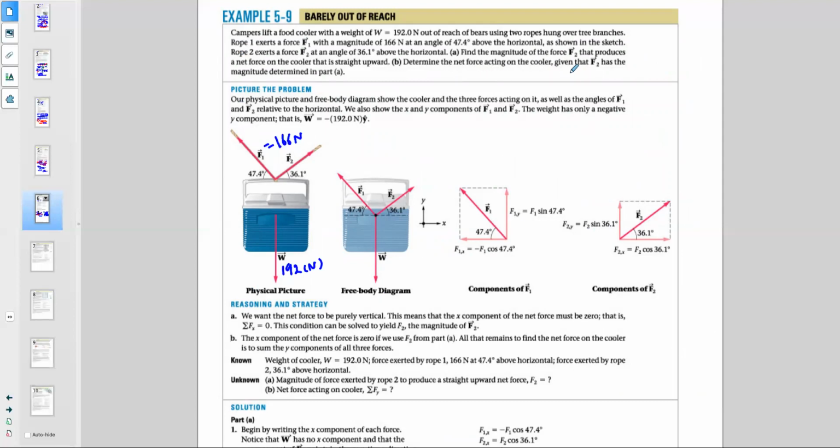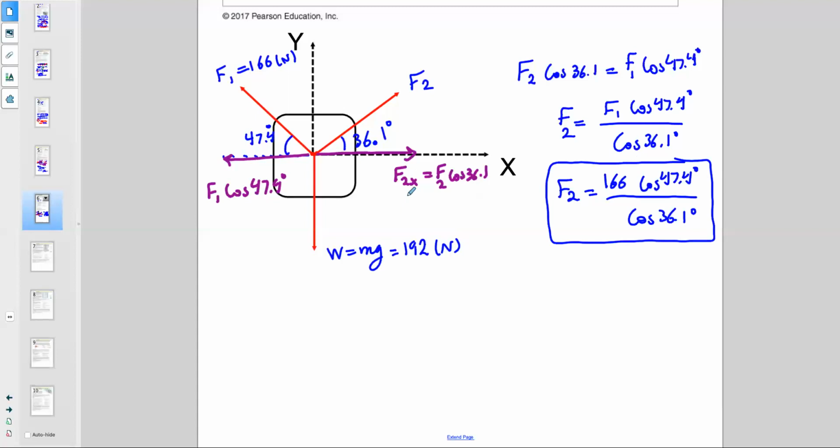Now, if you're looking at part B of the problem, it says determine the net force acting on the cooler, given that F2 has the magnitude determined in part A. So we know that these two will cancel out. Now what we need to do is care for the y direction. In the y direction, we have negative W, or mg, along the negative y.